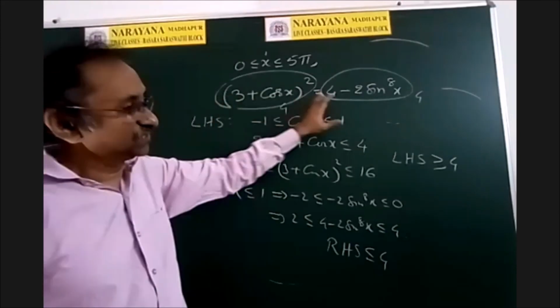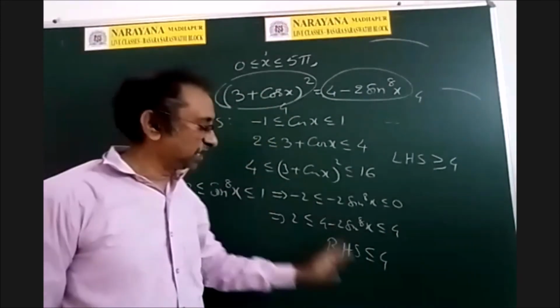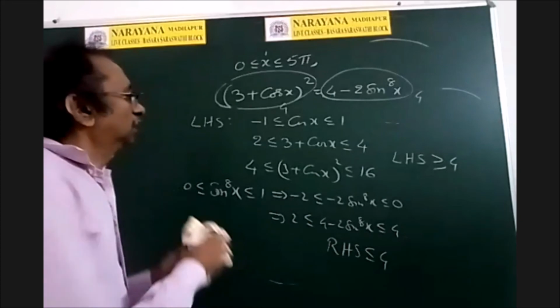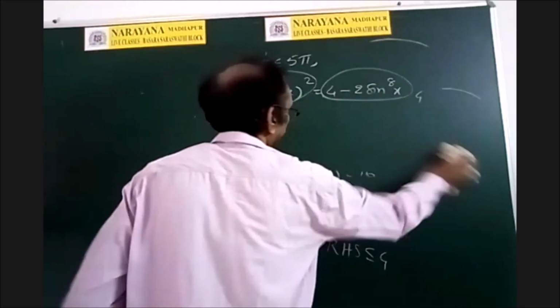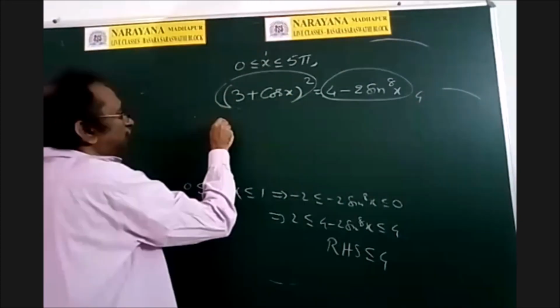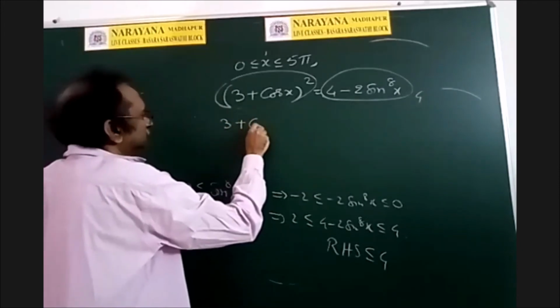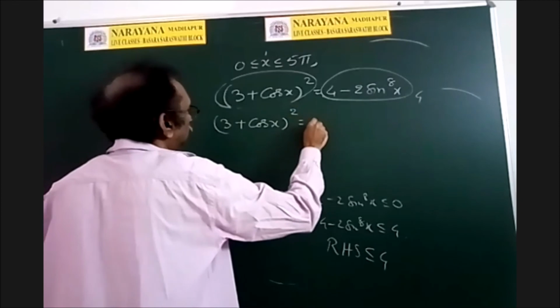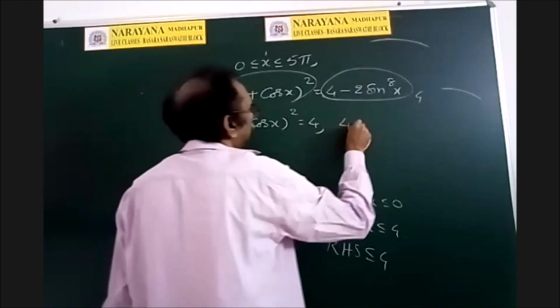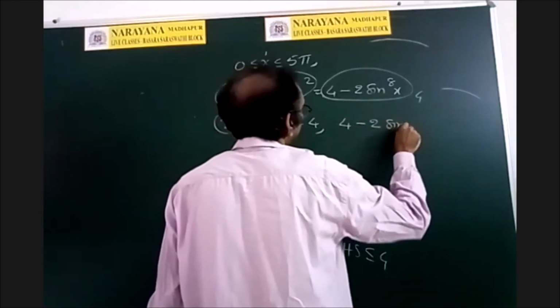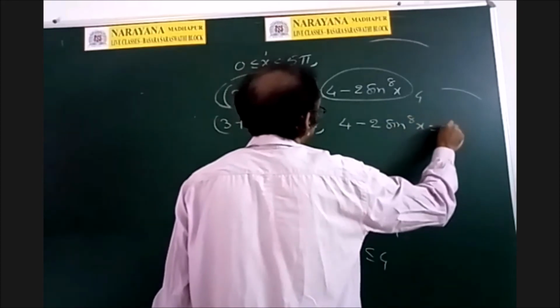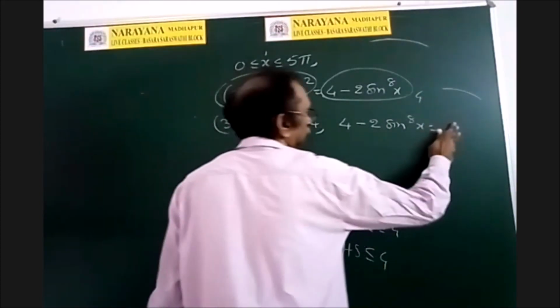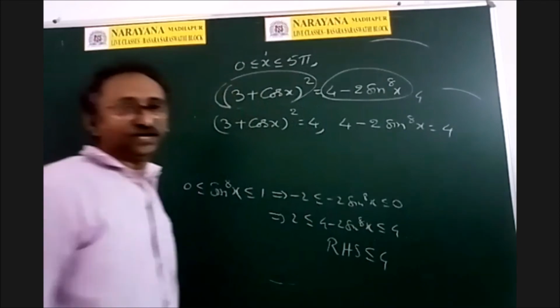So this equation is valid only if both are equal to 4. Now we start with that. (3 + cos x)² is equal to 4, and 4 − 2 sin⁸x is equal to 4.